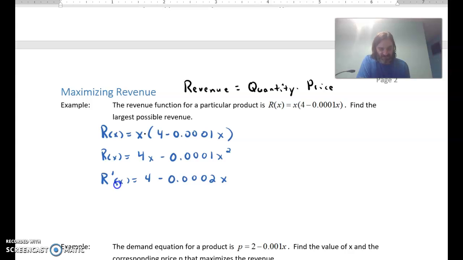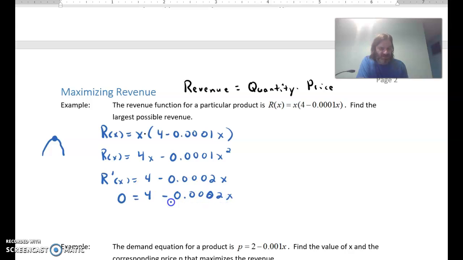Okay, so we took a derivative, but remember, the derivative gives a slope. And we want to figure out where this thing is turning. If this has a largest revenue, it must have a max, so we're looking for where that slope goes to 0. So I'm going to set my derivative equal to 0. So 0 equals 4 minus 0.0002x.